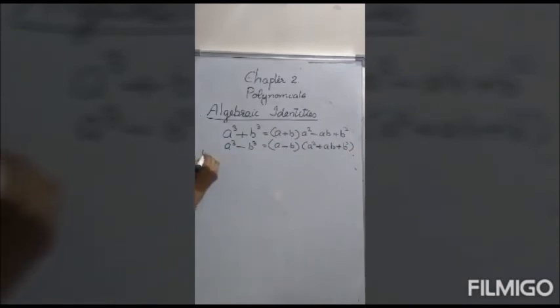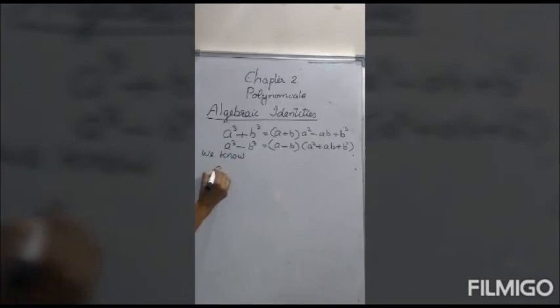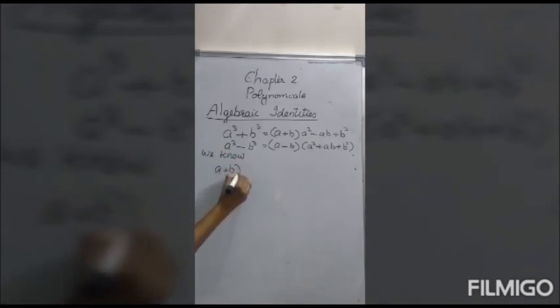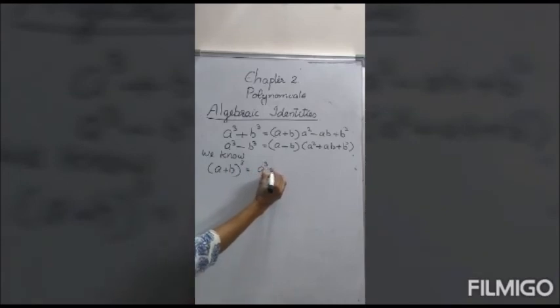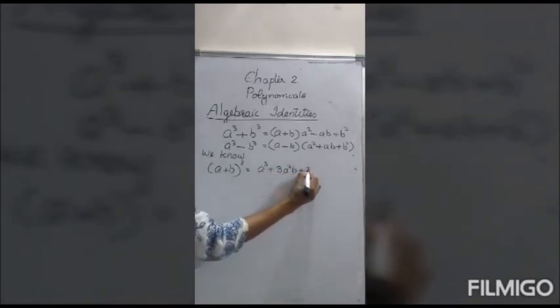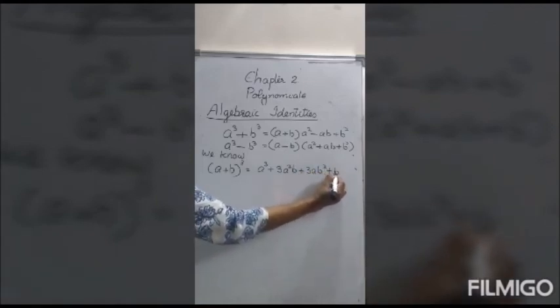Now we know (a + b) whole cube equals a cube + 3a square b + 3ab square + b cube.